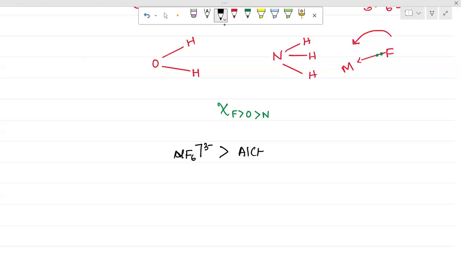Then comes [Al(H2O)6]3+, and [Al(NH3)6]3+. This is the order of stability. Okay, this is one aspect of the ligand. Ligands can have different electronegativities as a result of which stability changes.